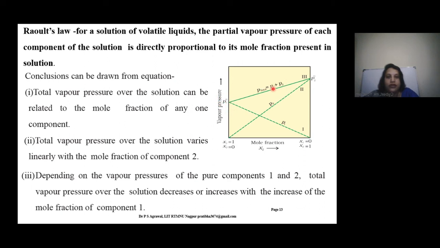This is for the second component, and the total P will be in between these two. The conclusion which can be drawn is that total vapor pressure can be related to the mole fraction of any component. It varies linearly, and depending on the vapor pressure of the pure component, the total vapor pressure over the solution decreases or increases by the addition of the component.